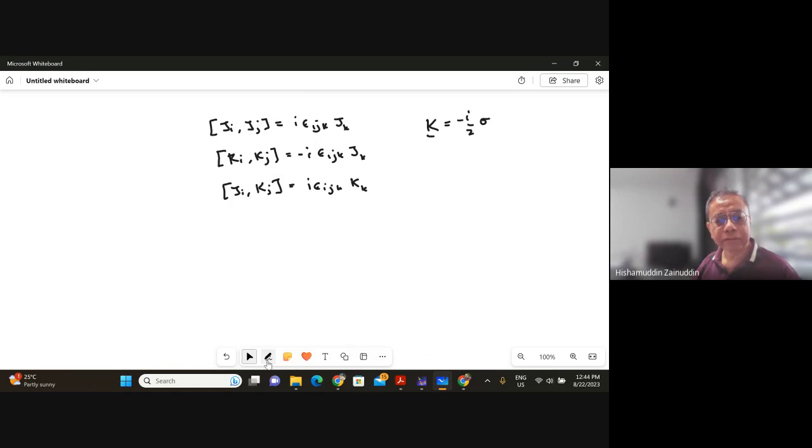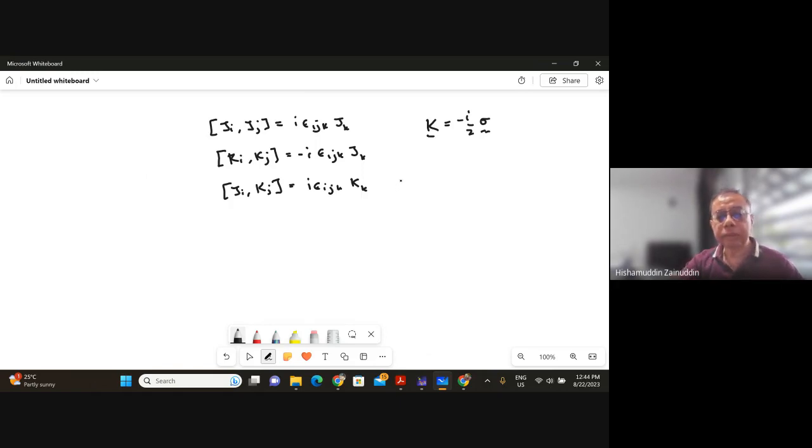I'm still not very familiar with this. Okay, you can simply use this in your computation, and then you will find that you get the same algebra back.